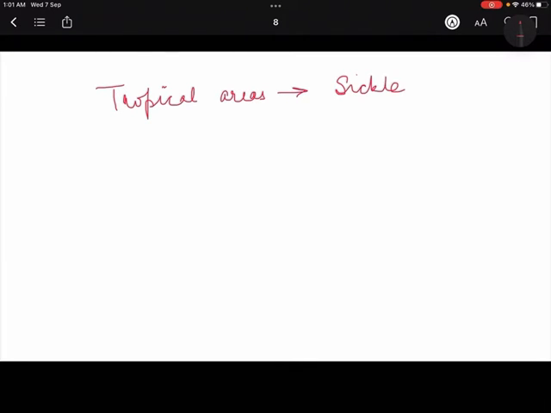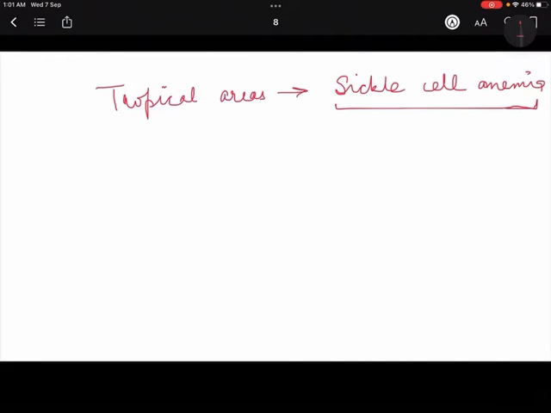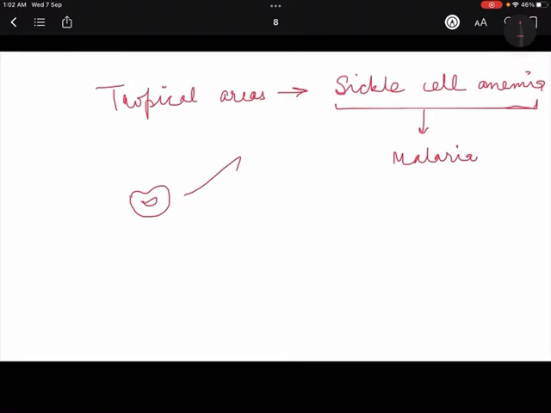let us say that we know that in tropical areas, the people with sickle cell anemia are more as compared to other areas, because sickle cell anemia provides resistance against malaria. Okay, so let us assume in sickle cell anemia the shape of the RBC changes from something like this to more of a sickle shape.